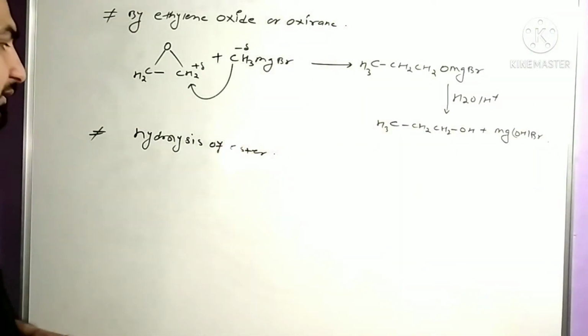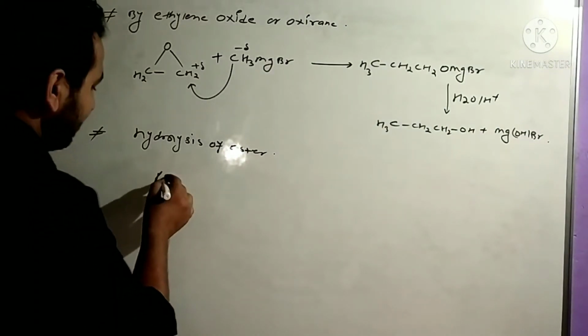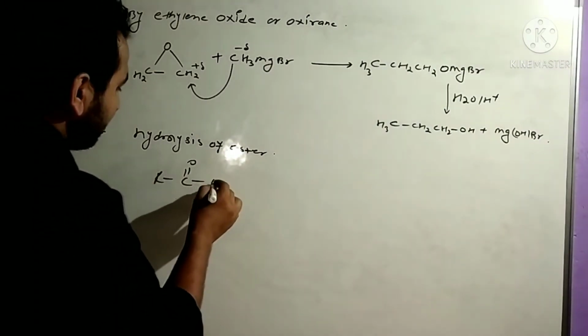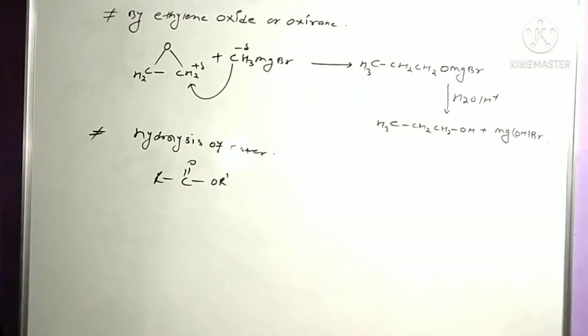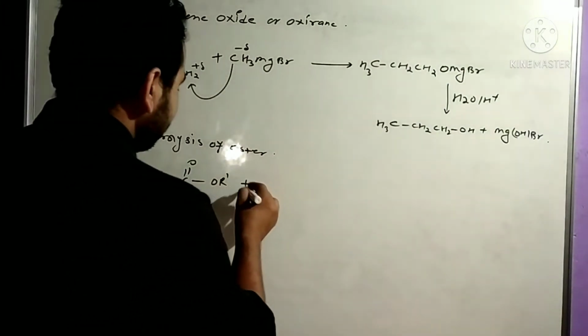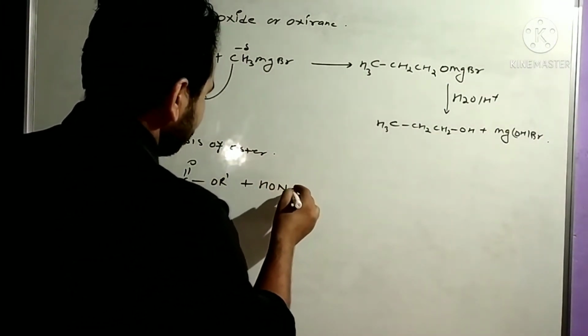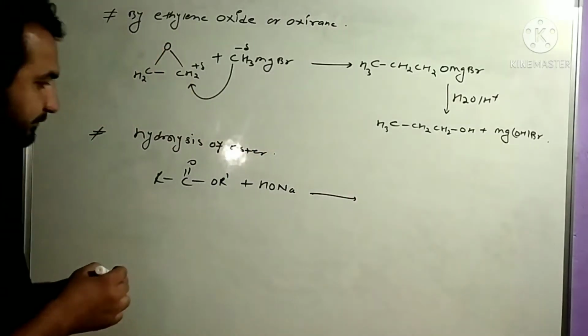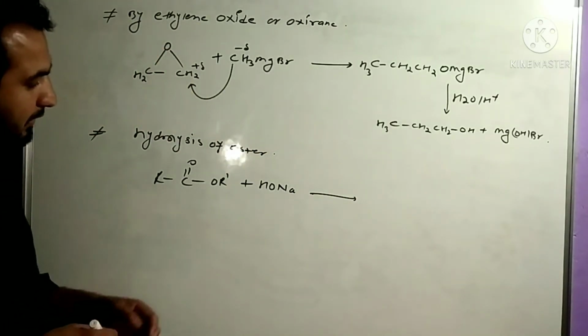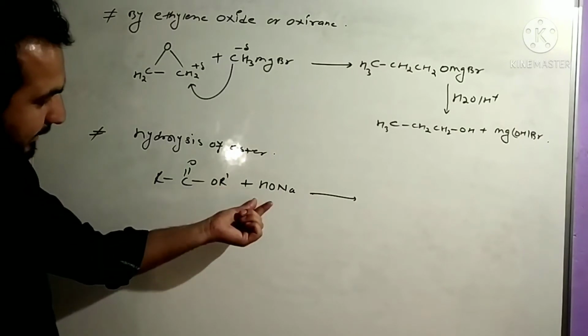Hydrolysis of ester. Here you can see that you have R, C double bond O, OR', where R' is your ester, any one of the esters, plus you have HONa. Here is one R and here the OH.